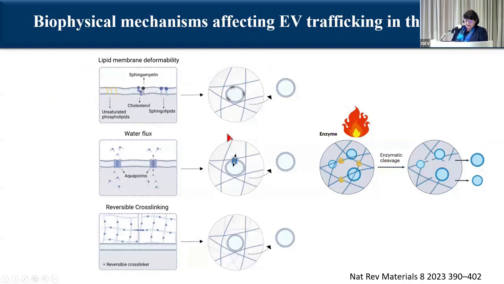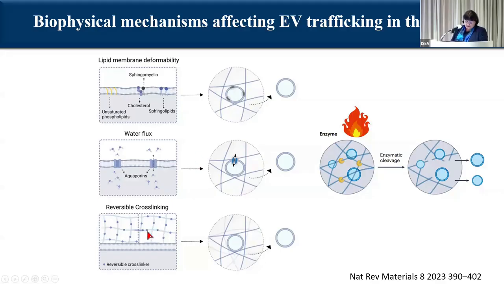How far the vesicles can travel in the matrix is also related to the deformability of vesicles, which is actually in association with the lipid composition of the vesicular membrane, and also it might be due to the aquaporin channels present in the vesicular membrane, which enable vesicles to adapt to different osmotic conditions.